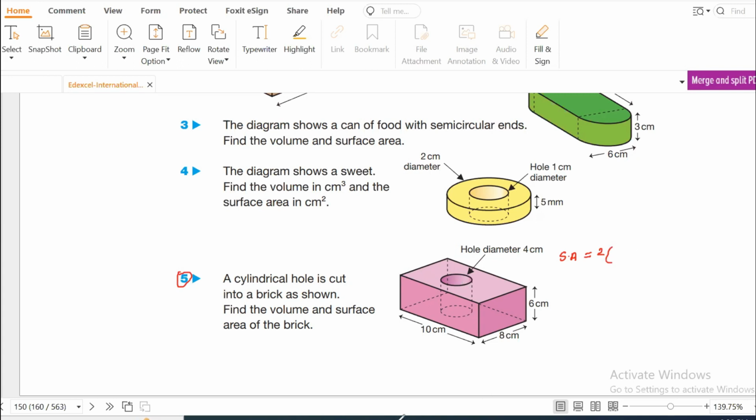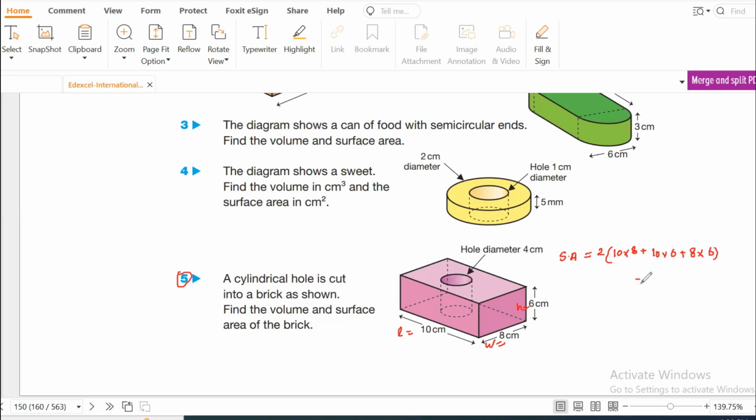Let's suppose this is length, this is width, this is height. So length into width 10 into 8, plus length into height 10 multiplied by 6, plus width into height, 8 multiplied by 6. So this is basically the total surface area of this shape.